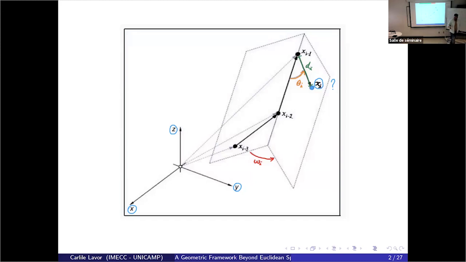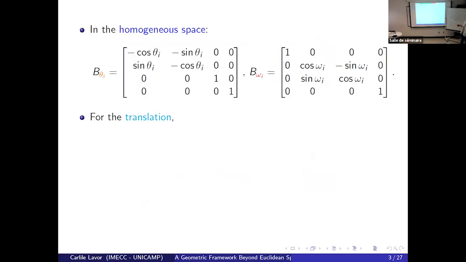We can use these matrices. We use these two matrices to represent the bond angle and the torsion angle, and note that we are in R4. To represent the translation, we can use this very simple matrix. Why is it nice to use the homogeneous coordinates in R4?